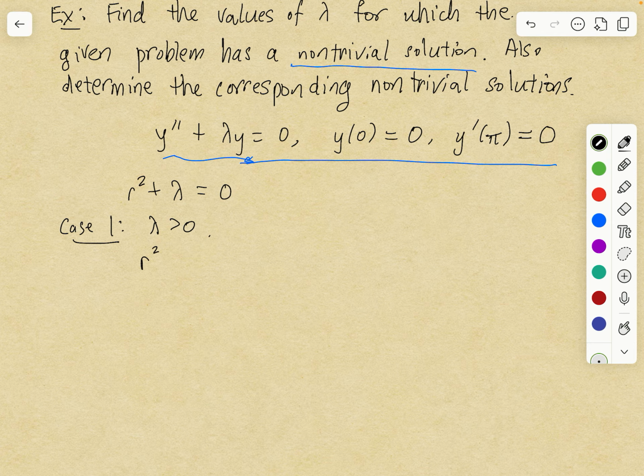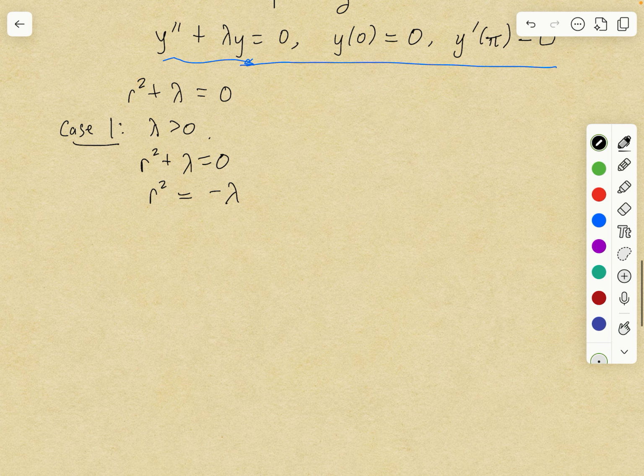So case 1 is if lambda is positive. We have r squared plus lambda equals 0. If you subtract lambda, you get r squared is a negative number, so r has complex values. It's going to be plus or minus i times the square root of lambda.